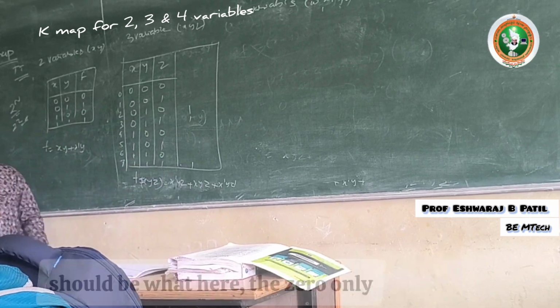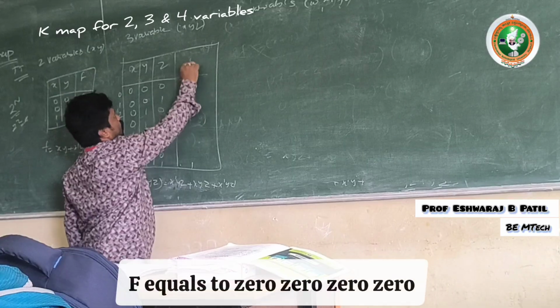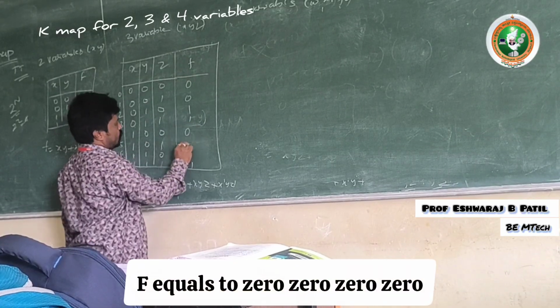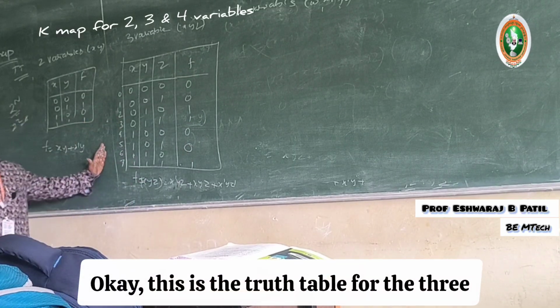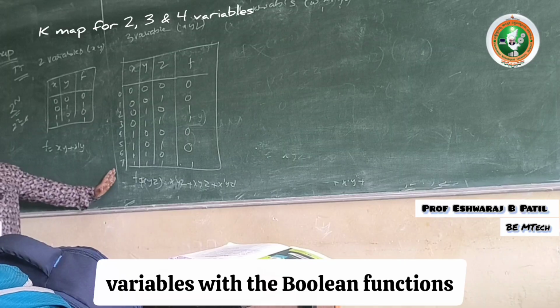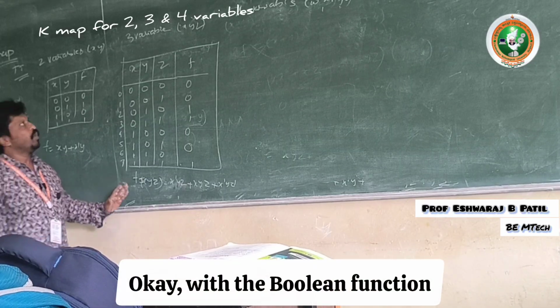The remaining terms would be 0 only: F equals 0 0 0 0. This is the truth table for 3 variables with the Boolean function.